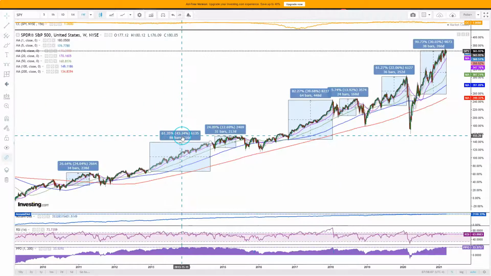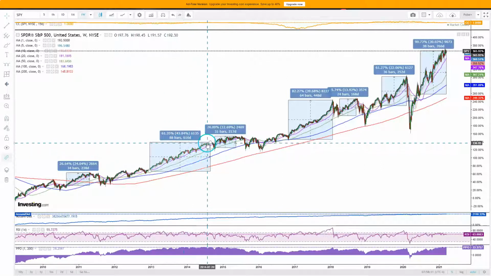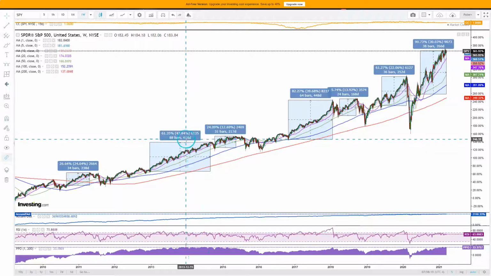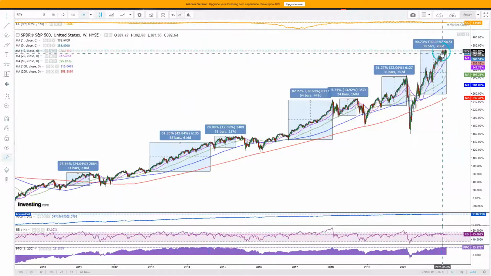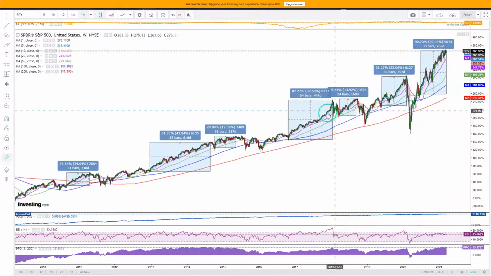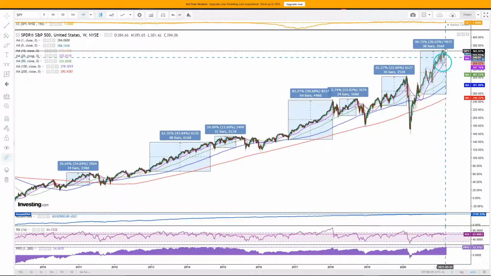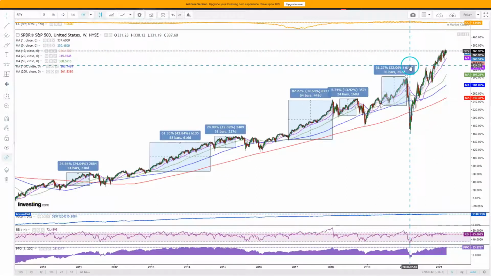Another period where we had a longer rally in height, you had this period, but this was over a much longer time, 616 days. Here is just 266. This has definitively been much quicker. And when you look at both percentage and time, this is a very fast time frame.